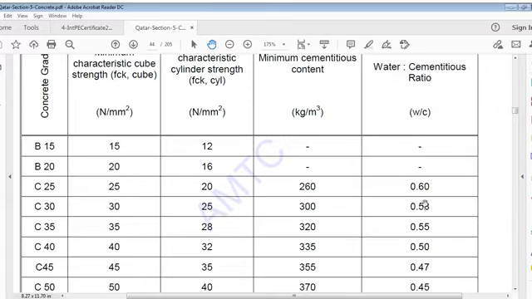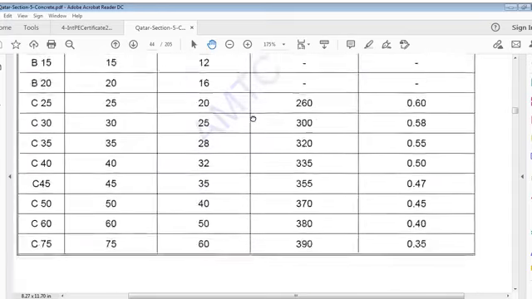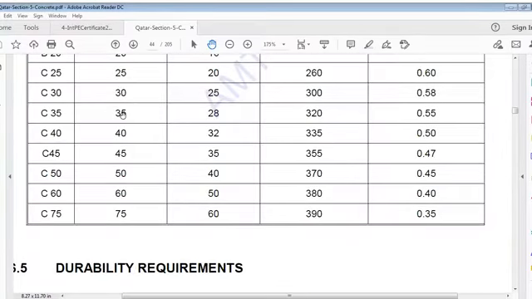So as we upgrade, we find water cement ratio is reduced. You can see very well. Now see 35, 28, 320, 0.55. Cement is increased, but water cement ratio is decreased. C40, 32, 335 kilogram per meter cube, but 0.5 water cement ratio.